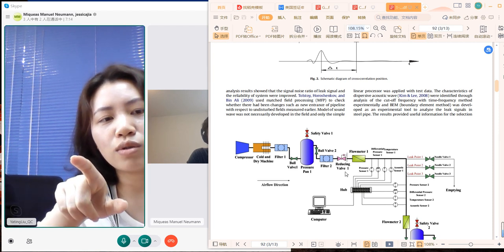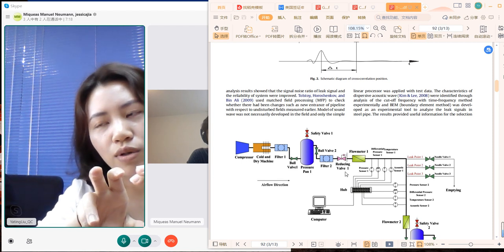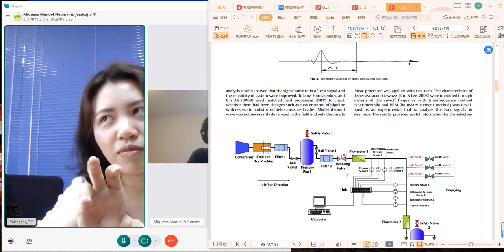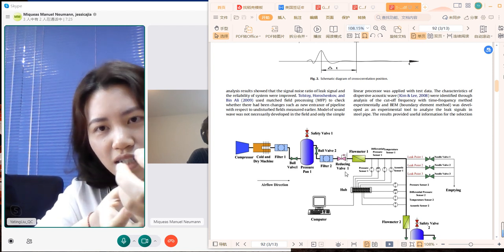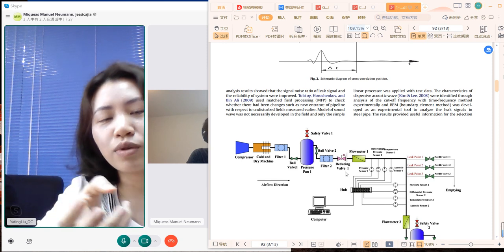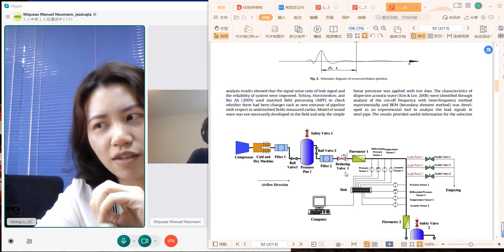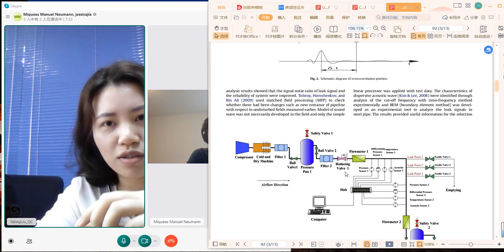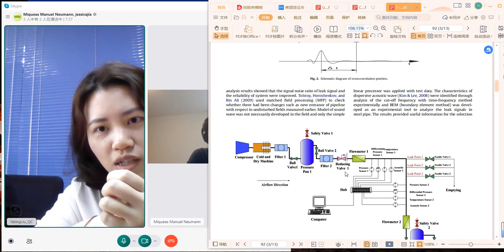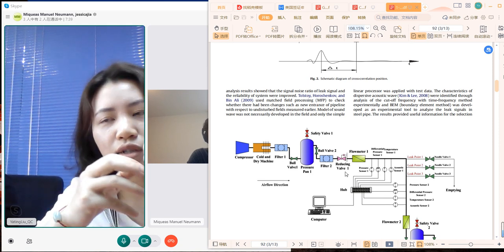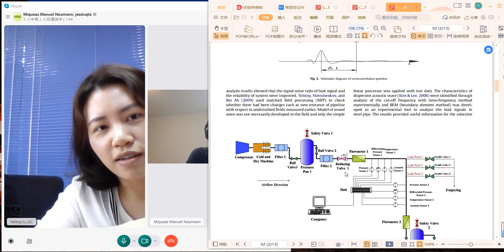The preamplifier needs the voltage power to drive it so that it works. Without the preamplifier, the acoustic emission signal received will attenuate and also will be very small, so the signal to noise ratio could be very low.